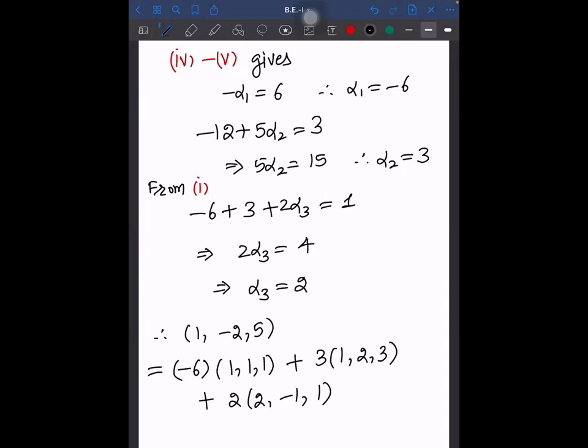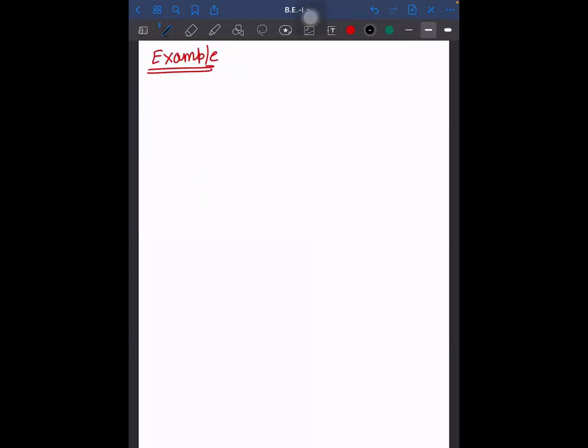Now the same can be done in the case of polynomials as well. So we'll do one example on this.